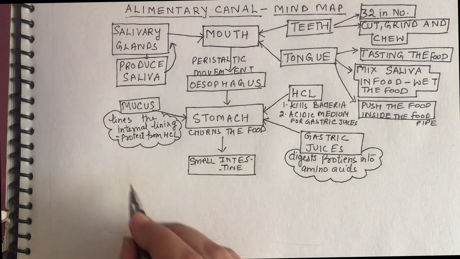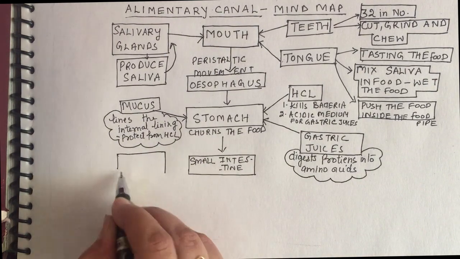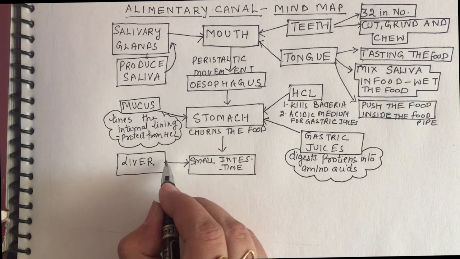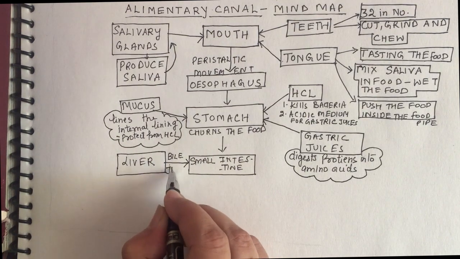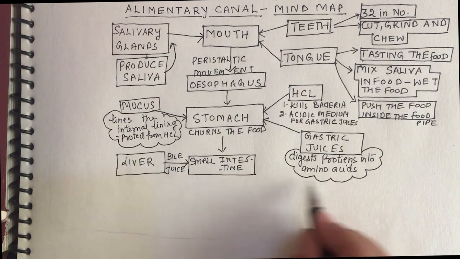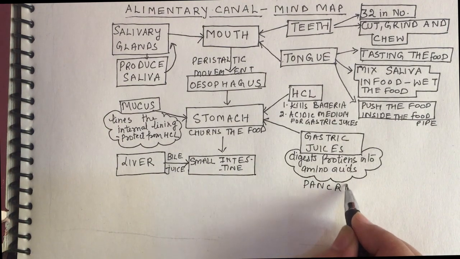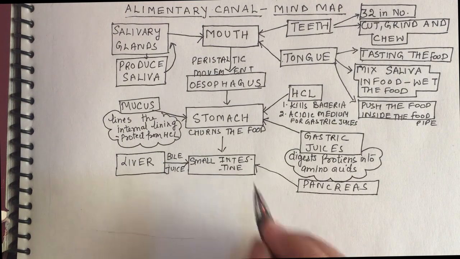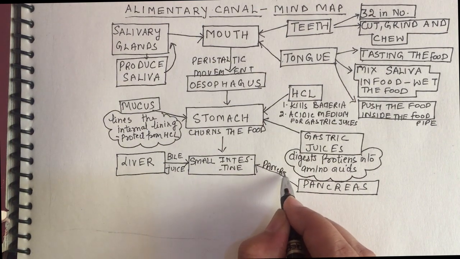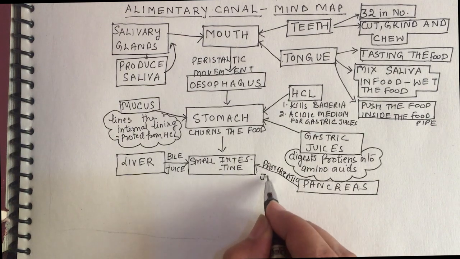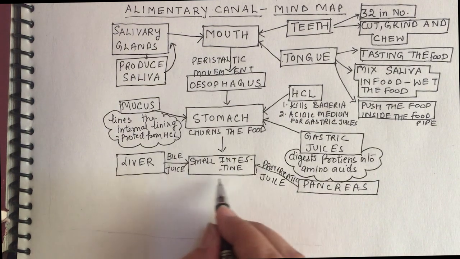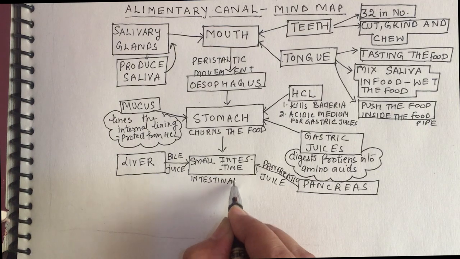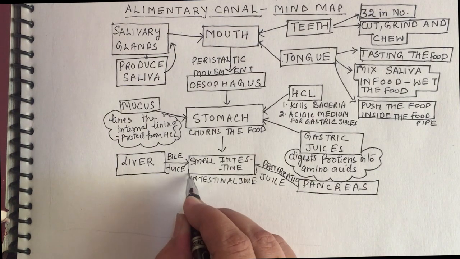When it enters into small intestine, liver, which is present, secretes its bile juice into small intestine, and pancreas, we will make it here, it secretes its pancreatic juice in small intestine, plus small intestine also has intestinal juice secreted inside.